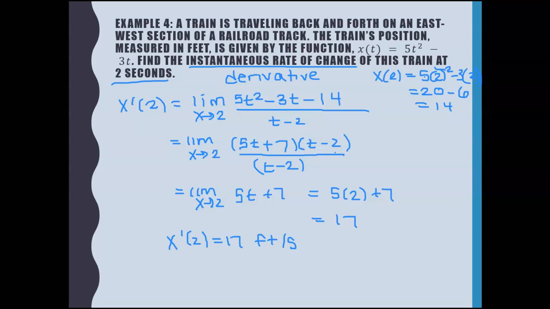And again, I got the units from the idea that the limit up top was feet, and down here is time. Change in y over change in x. It's the change in position over the change in time, which is how you get your units of feet per second.